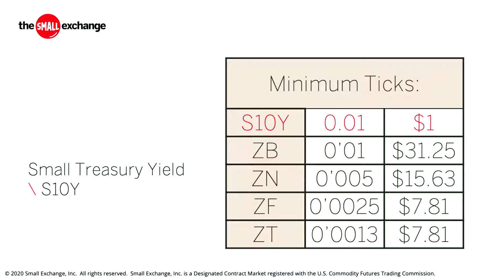ZT is actually an 1/8 of a 32nd, and that equates to 7.81. And you might say, oh, well, you messed up there, because an 1/8 of a 32nd should not be the same notional value as a quarter of a 32nd in ZF. Well, they made it even more complex, and ZT is twice the notional size. So all these different things.